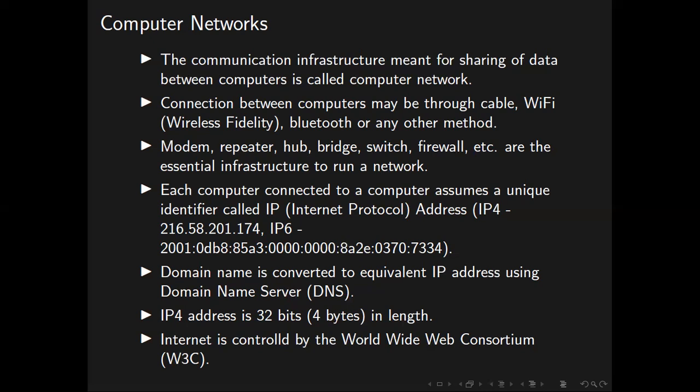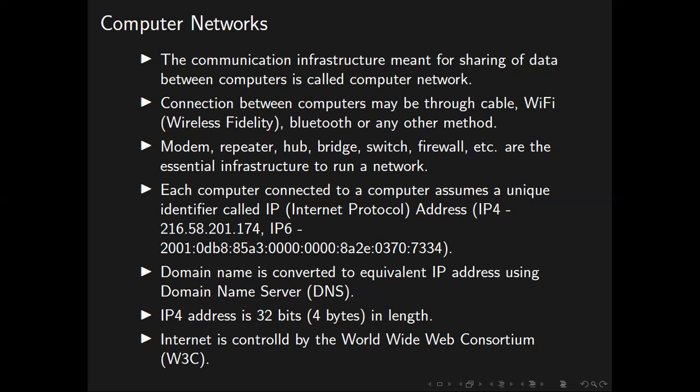An IP version 4 address is like this: 216.58.201.174. Four decimal numbers separated by dots. They range from 0 to 255. The minimum value is 0, maximum value is 255.